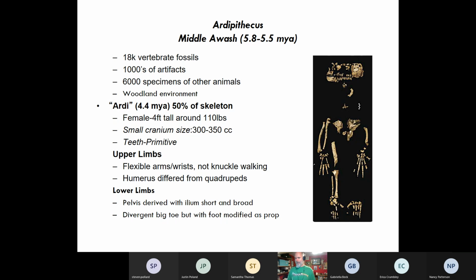But the outlier is the divergent big toe, which we talked about is indicative of life in the trees, like our hominoid cousins. So again, a mosaic of features here that indicate a mixture of vertical walking and potentially quadrupedal movement as well, or up in the trees at least.